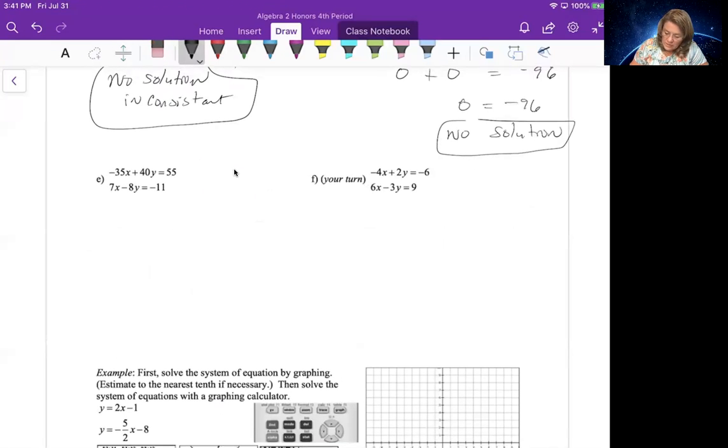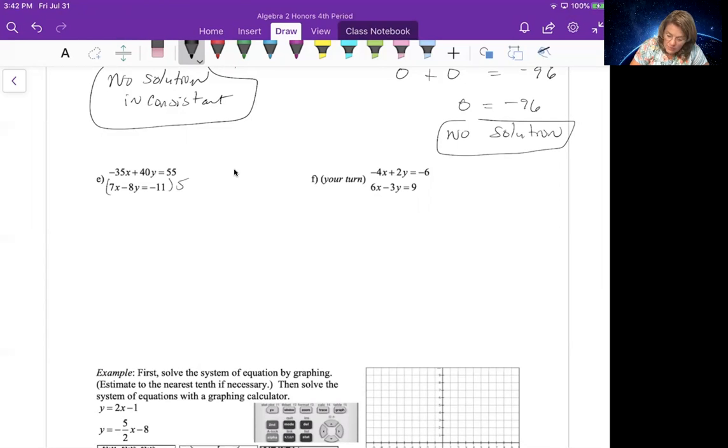I would like to, again, solve by elimination. So I can tell that, let's look at the x value coefficients, negative 35 and 7. The least common multiple of those is 35. So I've got to multiply 7 times 5 to get that. So I'm going to multiply this whole entire equation by 5.